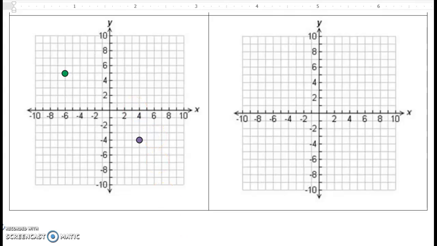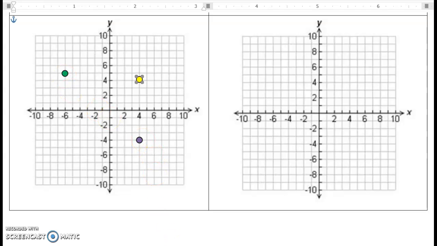So I am going to go up 4. And there is the reflection of the purple in yellow there. So instead of being 4, negative 4, it is 4, positive 4. All right, let's try this green dot here that is at an x value of negative 6 and a y value of 5.